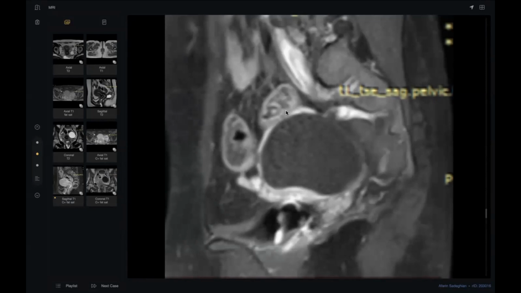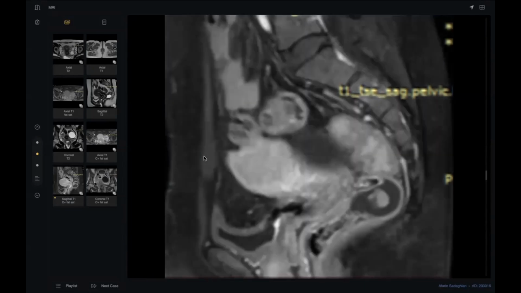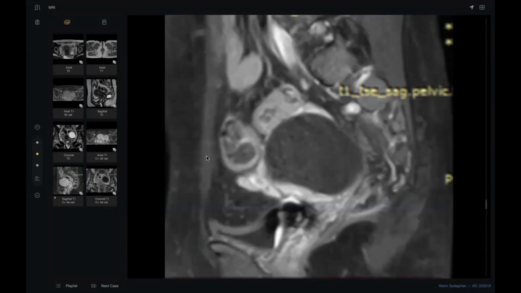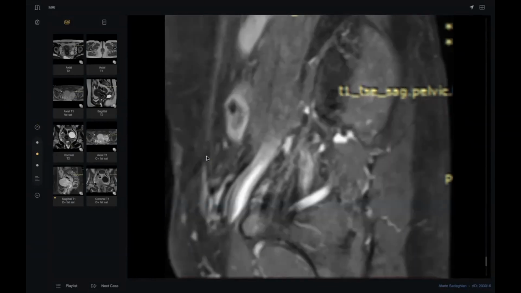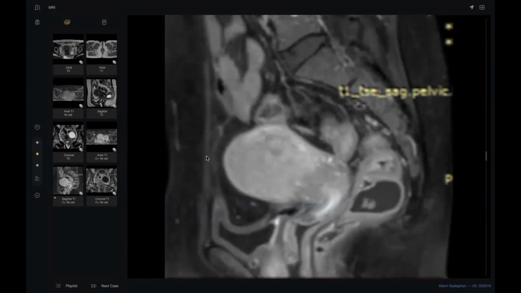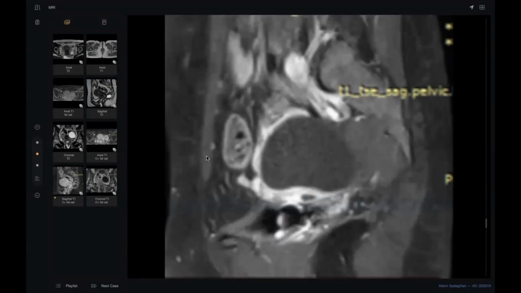So this lesion could be a hemorrhagic cyst. But it's hypointense in T1. So I'm really, again, no contrast enhancement. Okay.